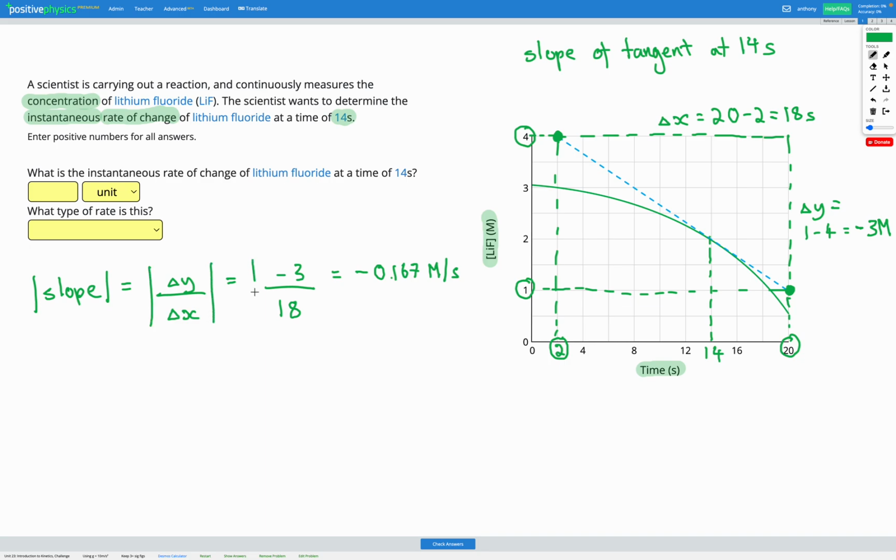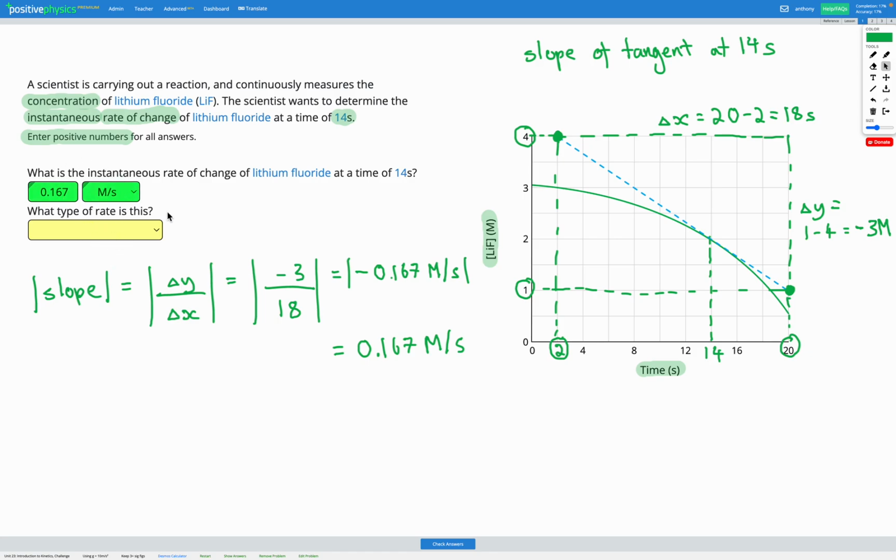So we just get rid of the negative sign. It's going to be 0.167 molar per second. And that's based on the fact we're reminded to enter positive numbers only. Okay, so the instantaneous rate of change was 0.167 molar per second.